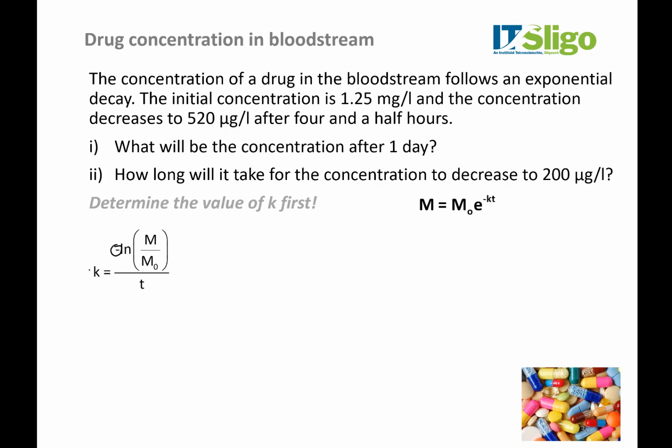Same manipulation as before. Feed the values in from the first line. Don't use any values from here yet, guys. While you're calculating K, don't use those values. M0 is always your initial value. M is the new value, and T is the time for things to happen.